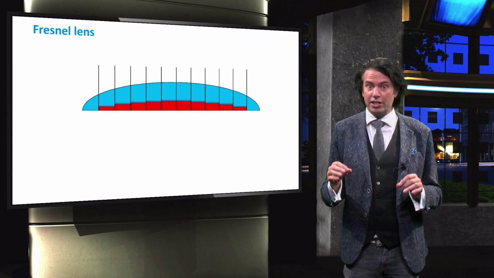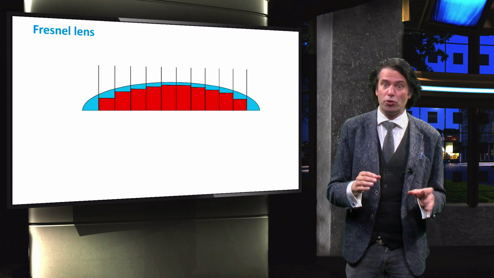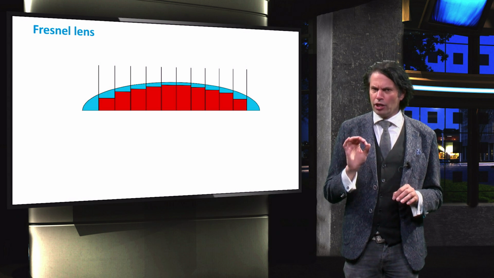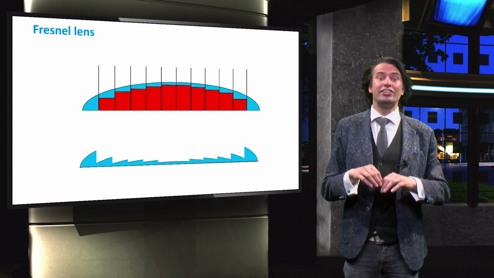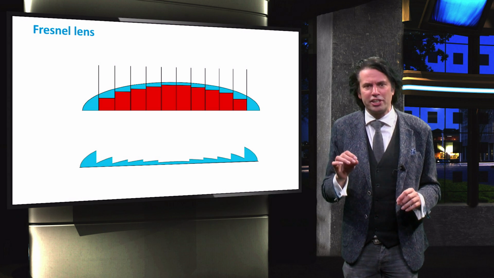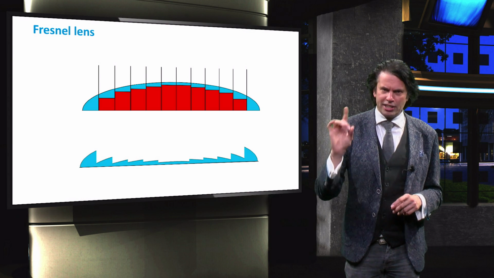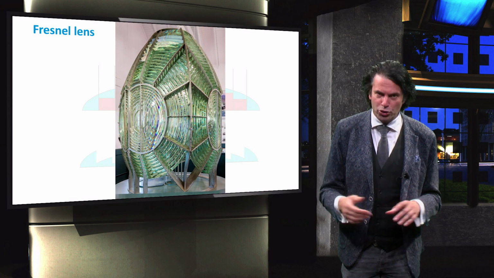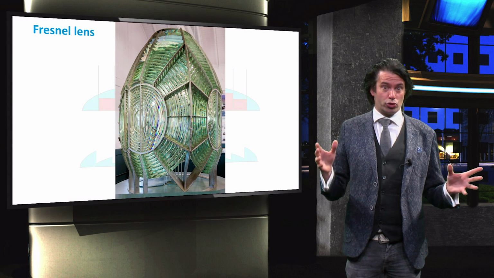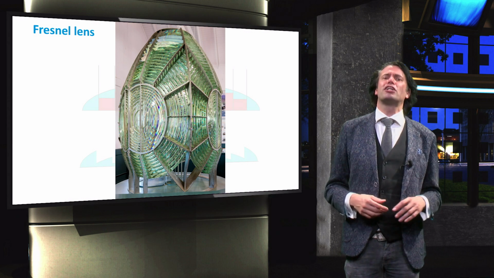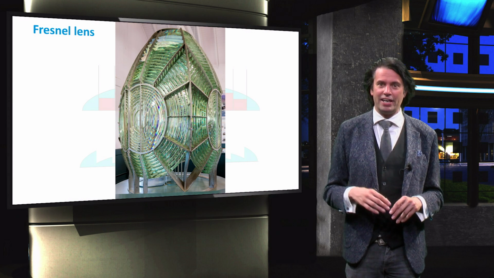The red areas basically represent excess material which is removed. The resulting Fresnel lens has the same curvature but is much thinner, resulting in negligible absorption losses. Since the Fresnel lens can also be used to disperse a concentrated source of light, one of the most successful applications is the one in lighthouses.